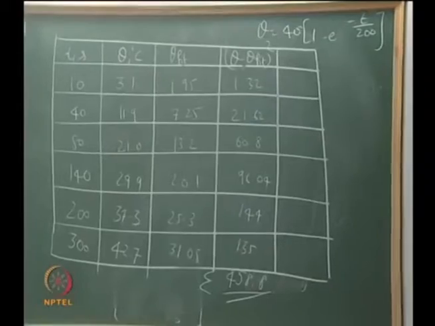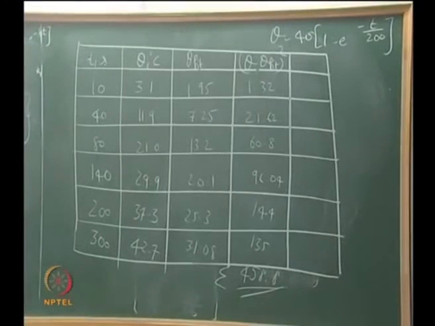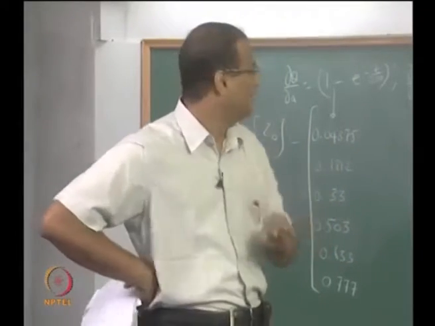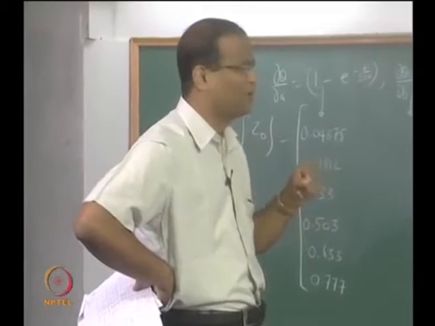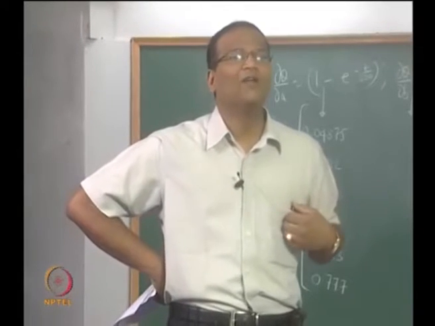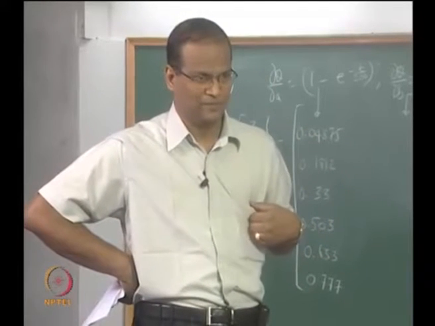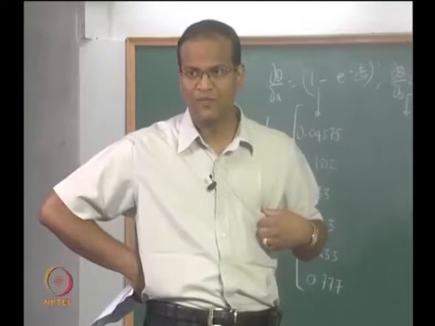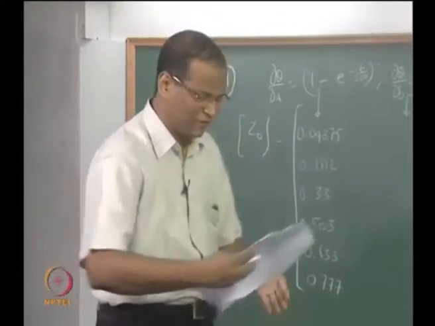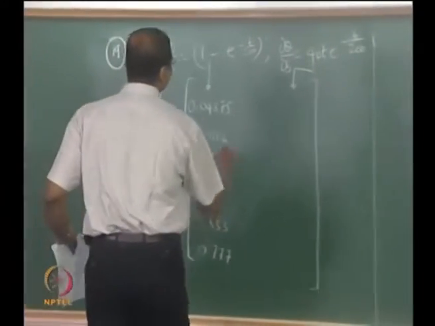I believe it will speed up, there may be other ways for you to do that. Otherwise, I do not have to do the e to the power of minus t by 200 again. Okay. So the first value is 380.